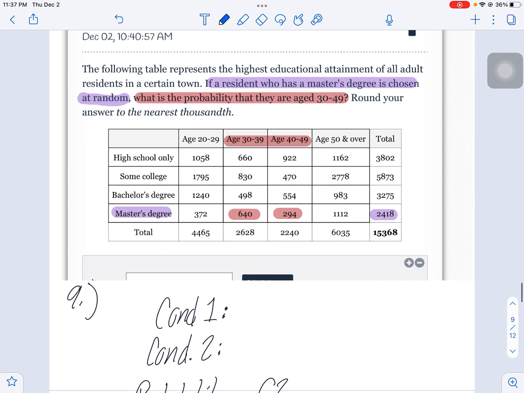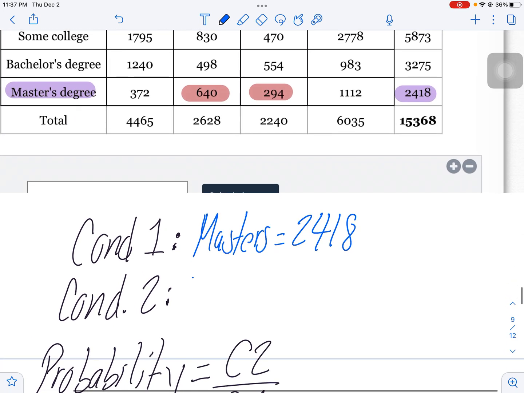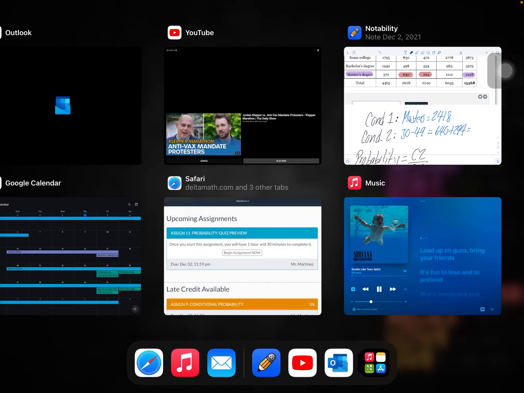Our first condition was the purple, which is master's degree, which was 2,418. Then it was people ages 30 to 49, which was equal to 640 plus 294, which I'm not sure what it is.